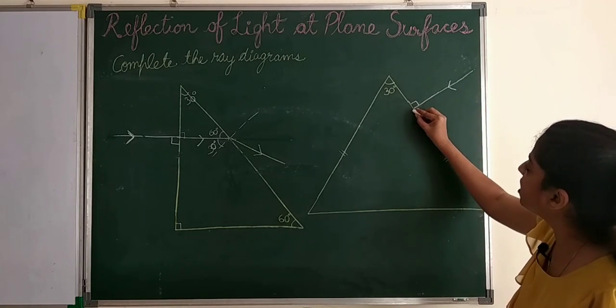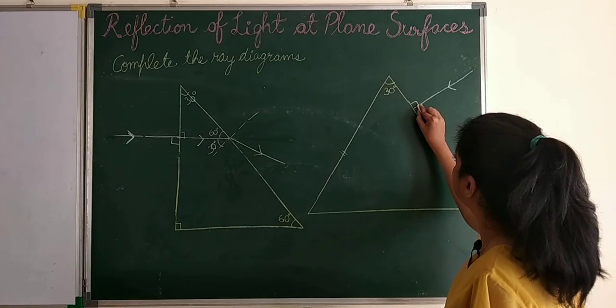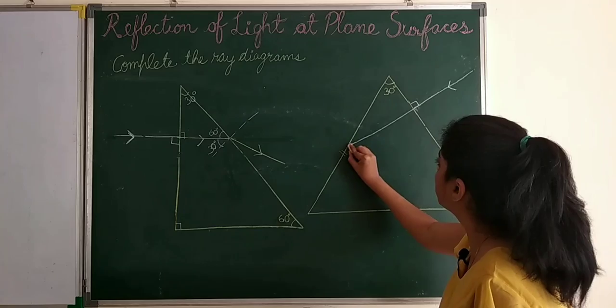Now since this is making an angle of 90 degree with the surface, there will be no deviation here, so it will go straight.